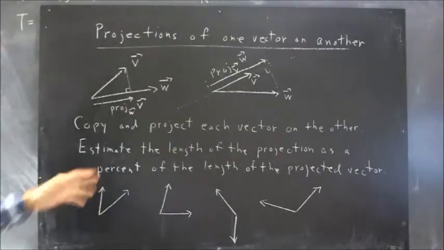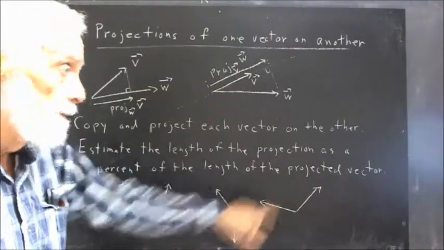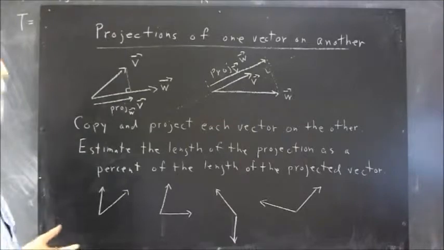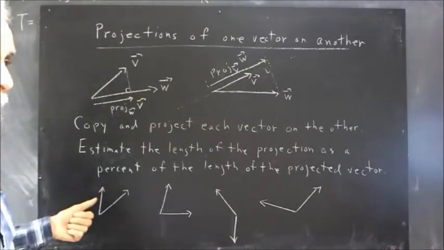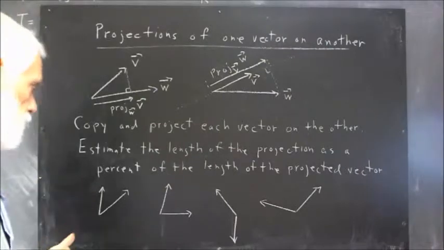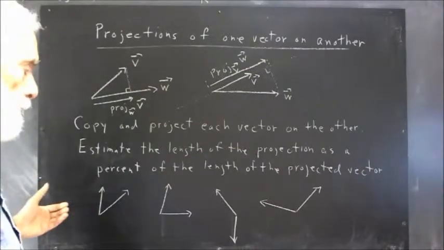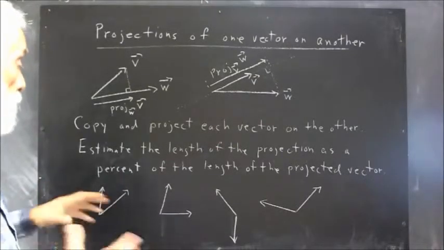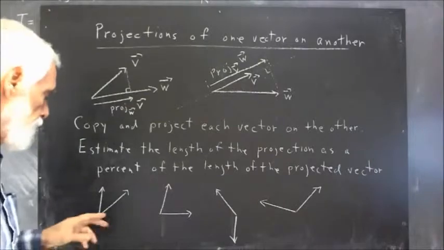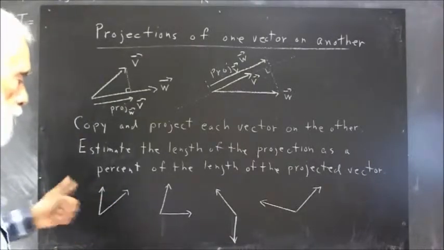Okay, in any case, using the same techniques, I want you to just copy these three. I want you to first draw the projection of one vector on the other and estimate the length of the projection as a percent of the length of the other, and then project the second vector onto the first.